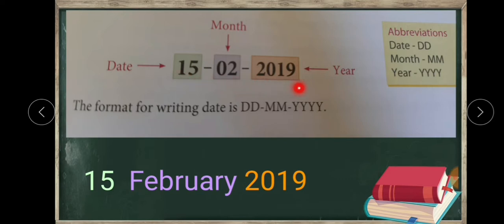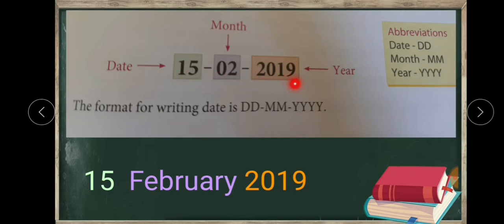See here, children, a format is given: 15/2/2019. In this format, 15 represents the day or date, 2 represents the month, and 2019 is the year.